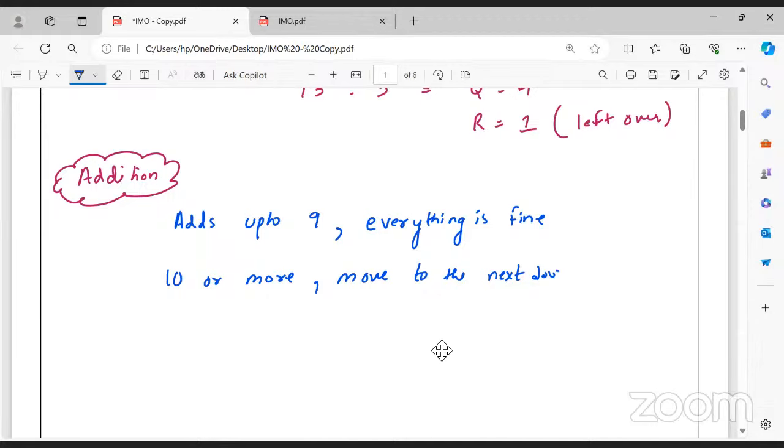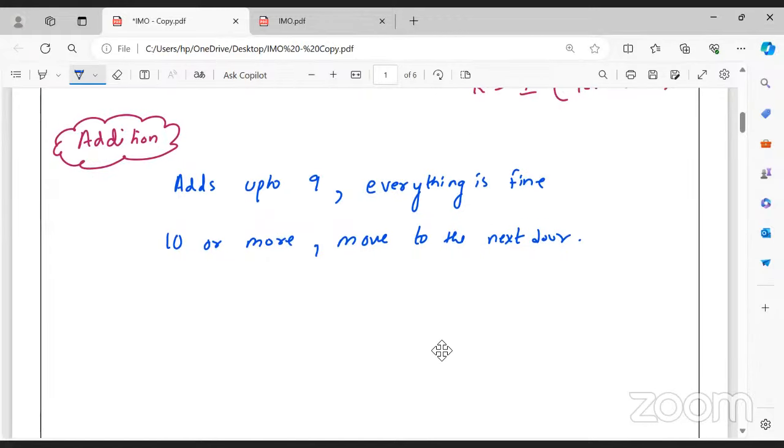Do you know? Shall I give you one example to prove this? Sounds interesting, right? Okay, Aliva, great, but very few of you know this. So adds up to 9, everything is fine, 10 or more, move to the next door.